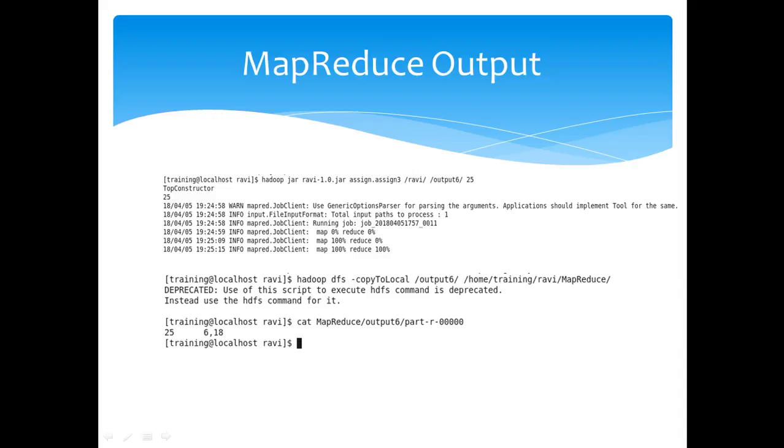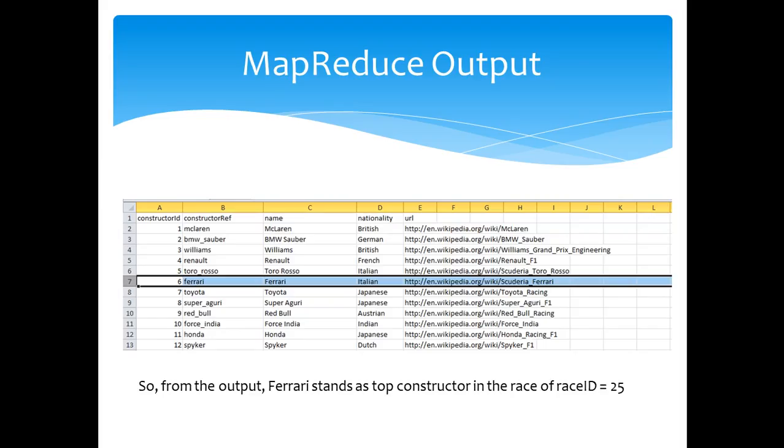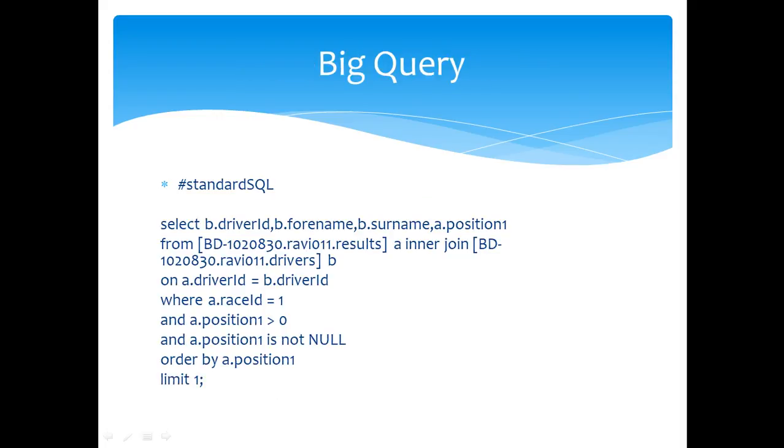Thus we get the Hive and MapReduce results. Here constructor ID 6 is Ferrari, the top constructor in race ID 25.